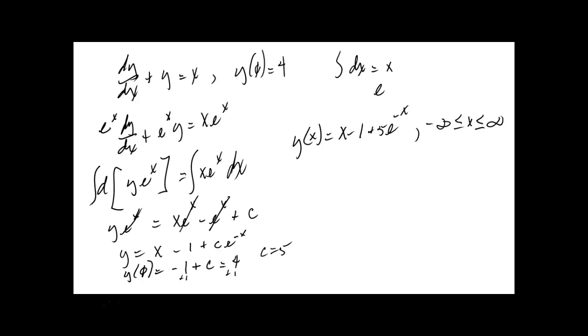Okay, discontinuous coefficients. In the applications, the coefficients P of x and f of x in that original equation may be piecewise continuous. In the next example, f of x is a piecewise continuous function on 0 to infinity with a single discontinuity, namely a finite jump discontinuity at x equal 1.